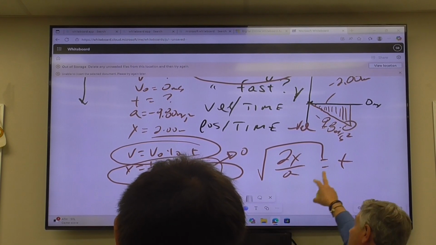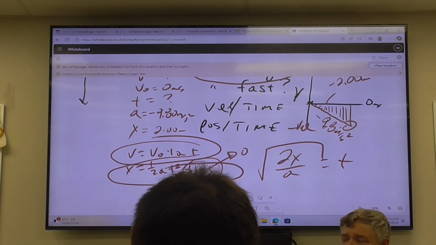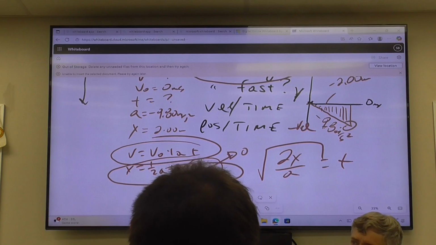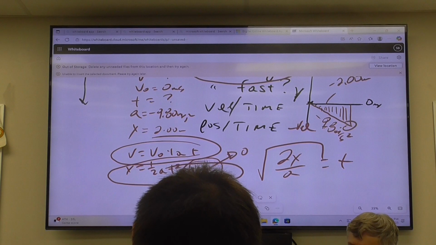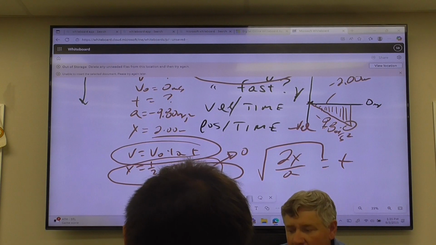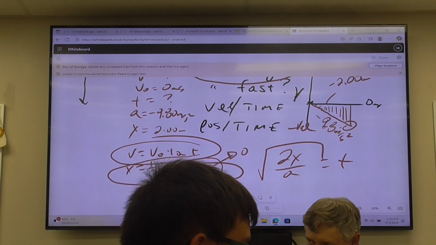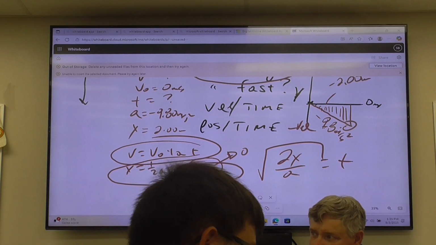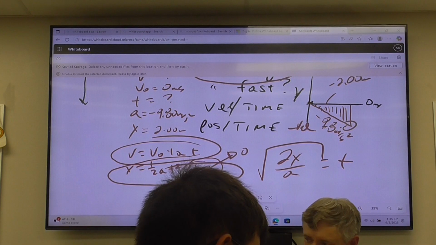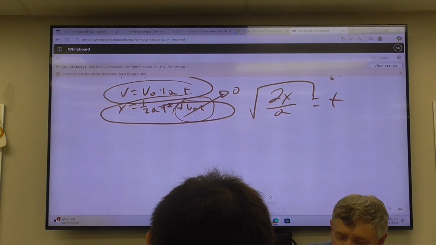So this time equals the square root of 2x over a. It's a great little equation, but choose wisely when you use it. I say again, choose wisely. How would you solve for t if you had to? You'd have to solve it as a quadratic. Are we going to do that? No, we'll deal with quadratics, just not this.